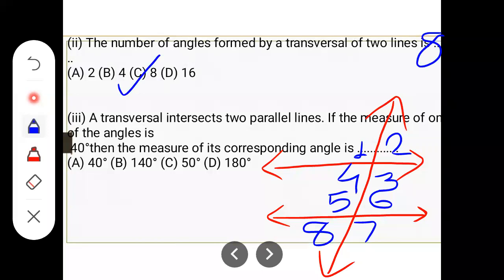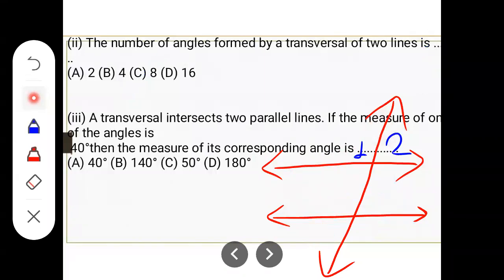Now see another one. A transversal intersects two parallel lines. If the measure of one of the angles is 40 degrees, then the measure of its corresponding angle is. The statement here is incomplete, so please understand it this way.